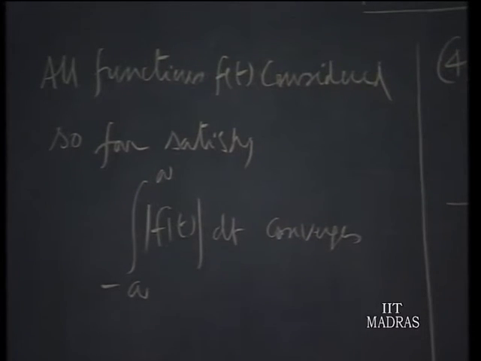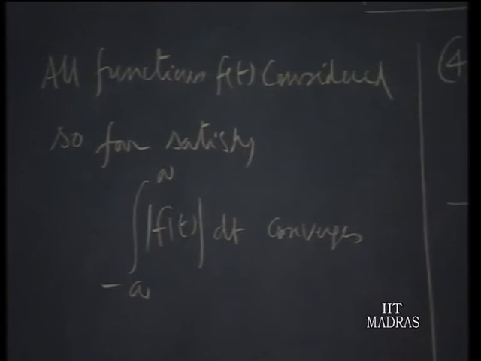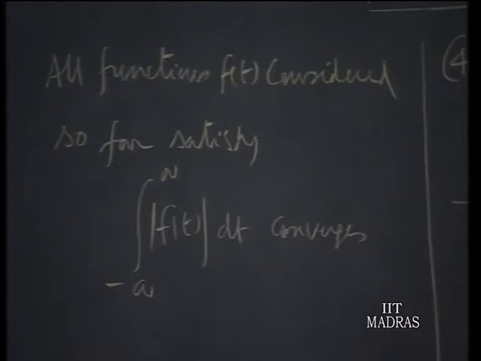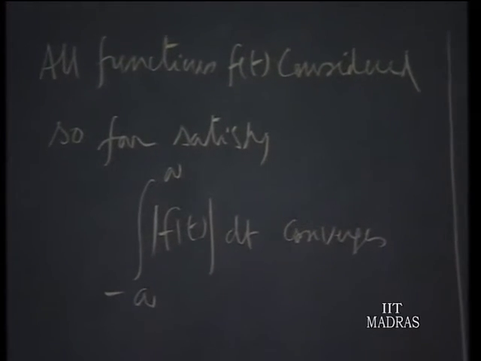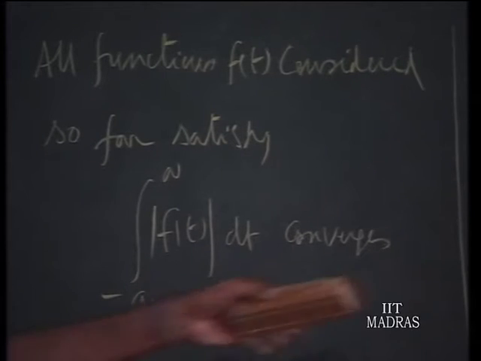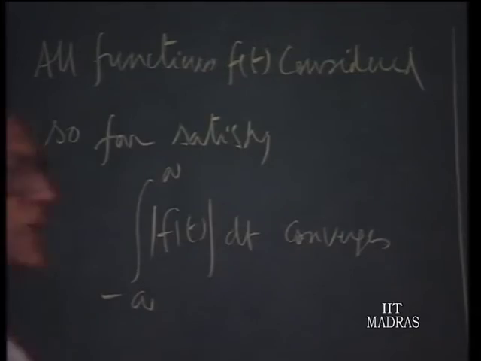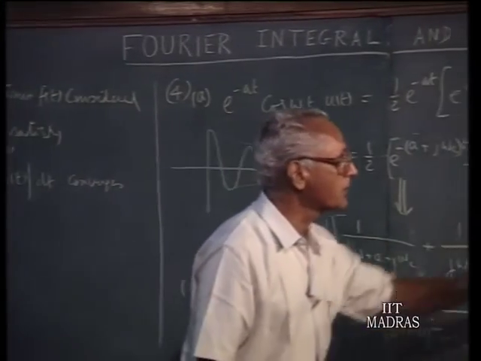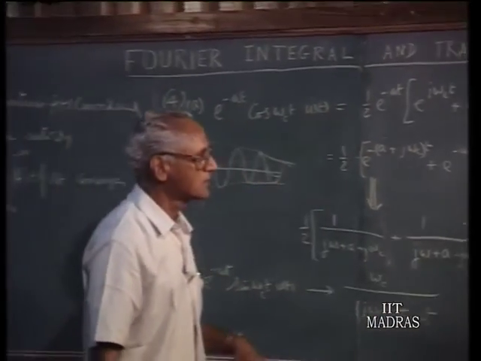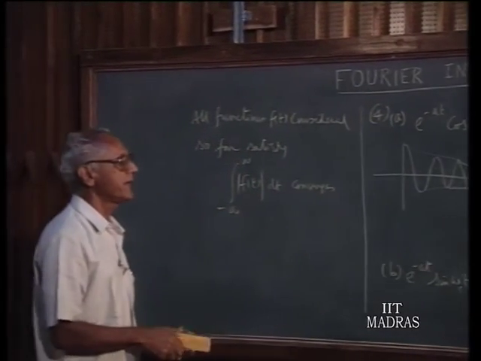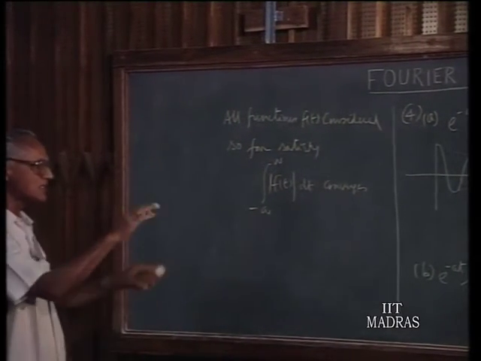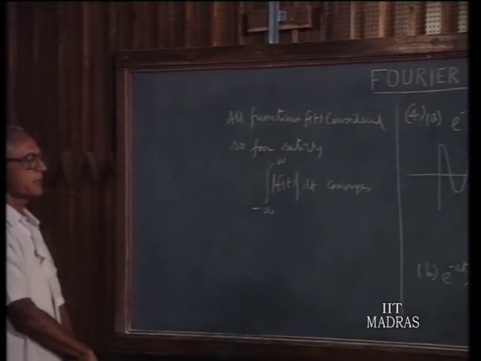That means the magnitude of the function is integrable from minus infinity to plus infinity. That is why we have an exponentially decaying function, an exponentially decaying sinusoid, a pulse which lasts for a finite amount of time, either a rectangular pulse or a triangular pulse, an impulse which can be integrated, that is equal to 1. So, all such functions we have considered have nice properties like this.